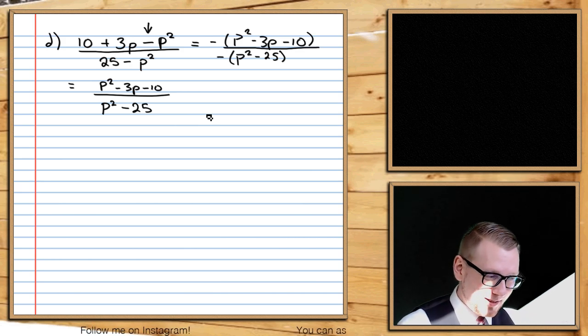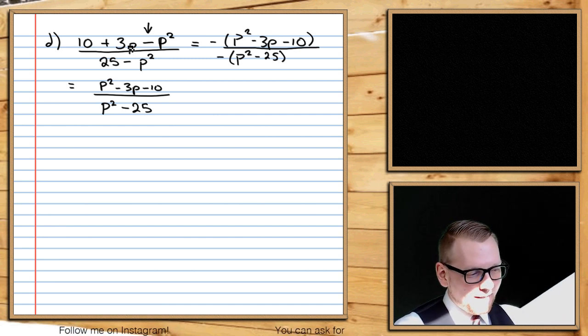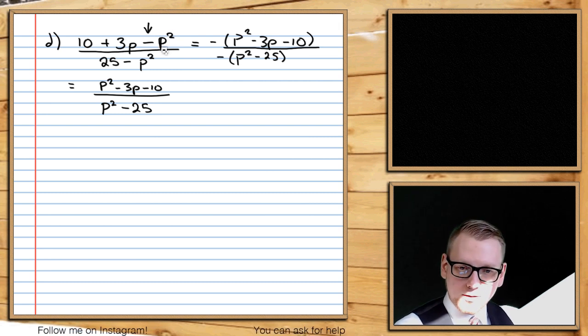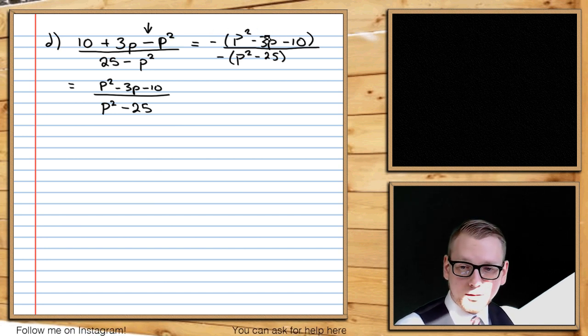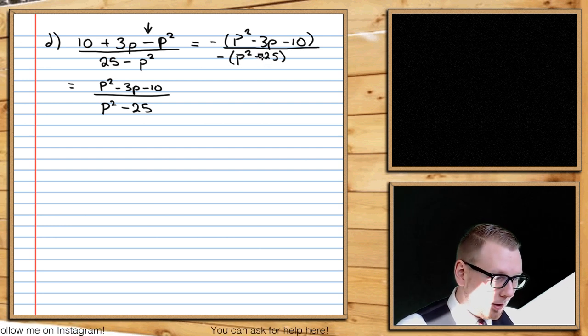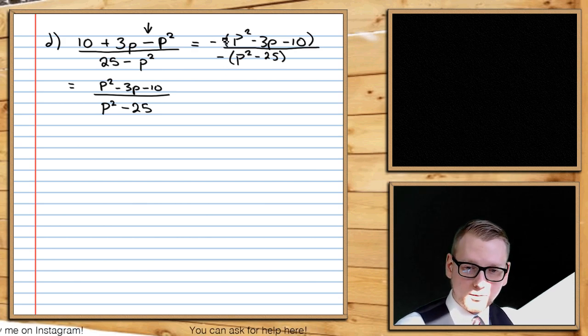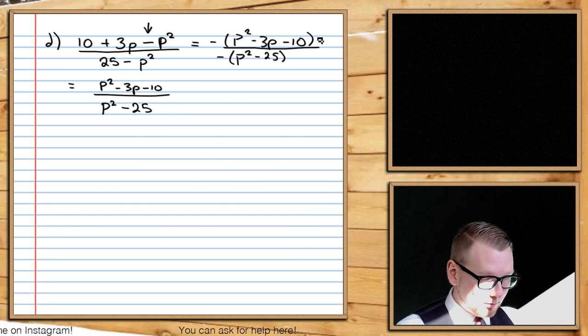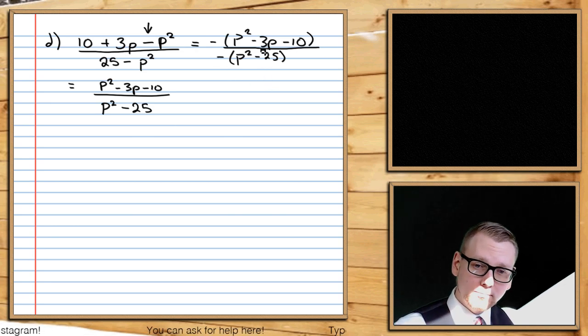Do you see how I got to here? All I did was take out a minus. I didn't like the fact that there was a minus sign on the squared term. So I took out a minus sign on the top and I took one out of the bottom. Then we'd have two of them, and a minus times a minus is a positive, right? Taking out from the top, you just change the signs on all of them. Taking out from the bottom, change the sign.